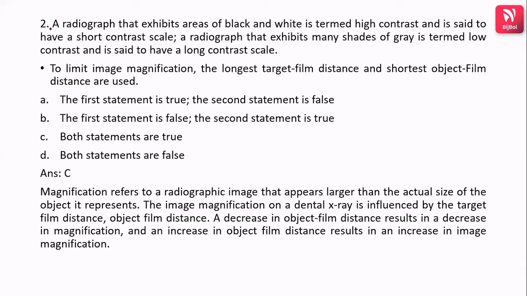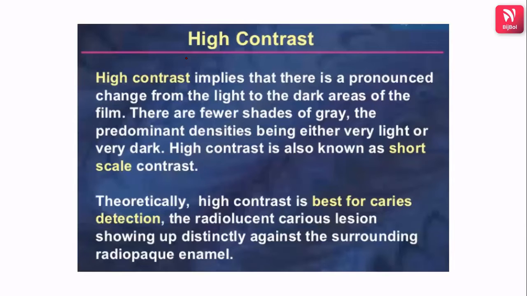The next question here: a radiograph that exhibits areas of black and white is termed high contrast and is said to have a short contrast scale. A radiograph that exhibits many shades of gray is termed low contrast and is said to have a long contrast scale. Let us see what this means. High contrast means a pronounced change in the light and dark areas that we see on the film.